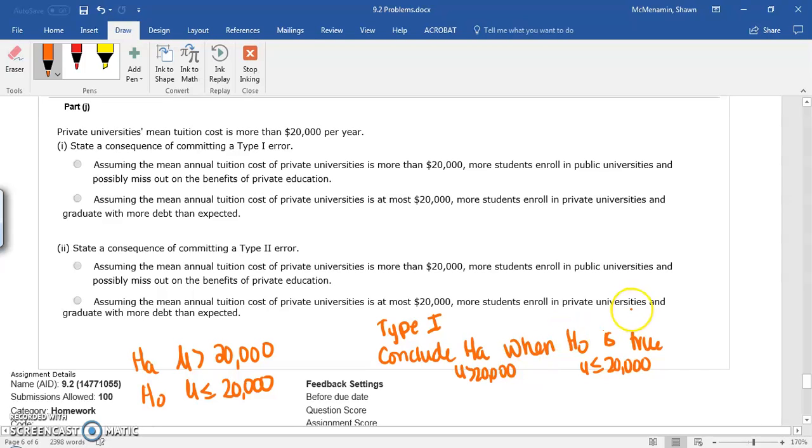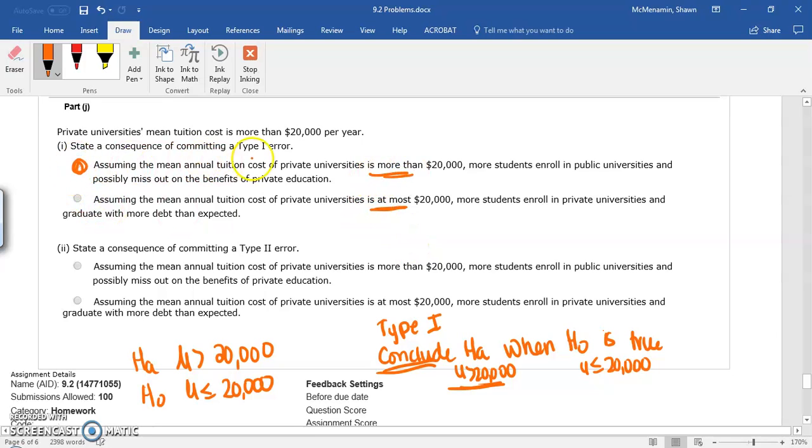Okay, so a consequence of this: if you conclude that the mean is greater than 20,000 when in fact it's less than or equal to 20,000, then, assuming the mean is more than, no, you're not assuming it's at most, sorry, you are assuming it's more than. That's what you're concluding, that it is more than 20,000. So this is correct.